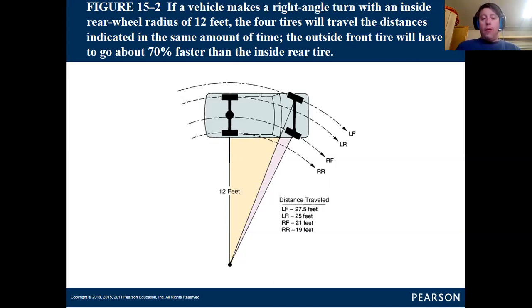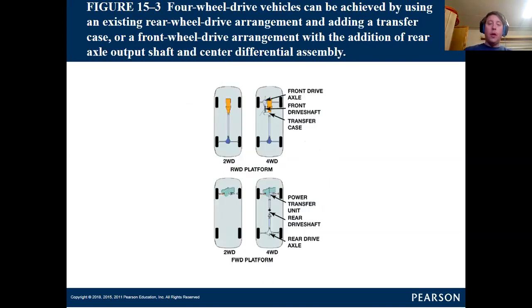So that's four-wheel drive, all-wheel drive, part-time, full-time in a nutshell. We're going to get into some of the componentry and talk about some of the layouts and the different configurations that these things come in. So four-wheel drive vehicles can either be rear-wheel drive normally, so two-wheel drive in the rear normal, or they could be two-wheel drive in the front normal.